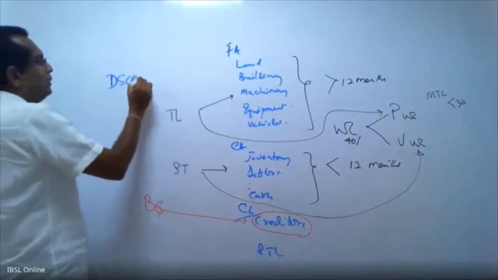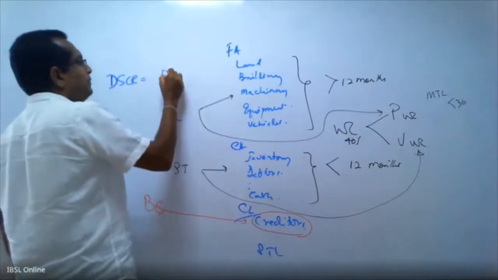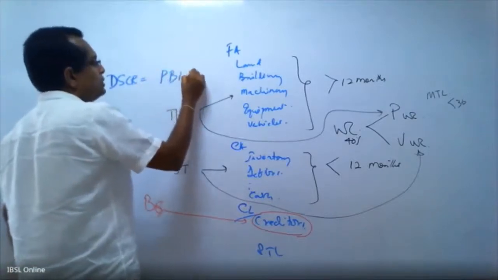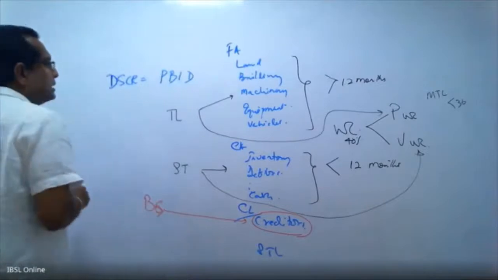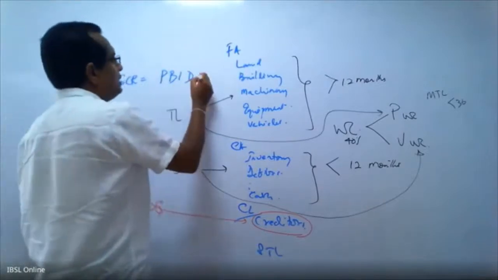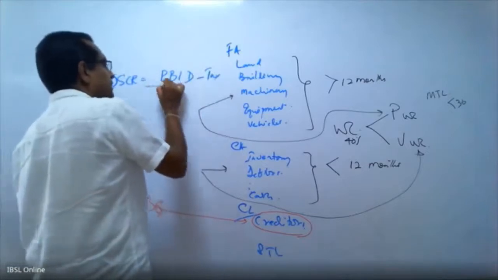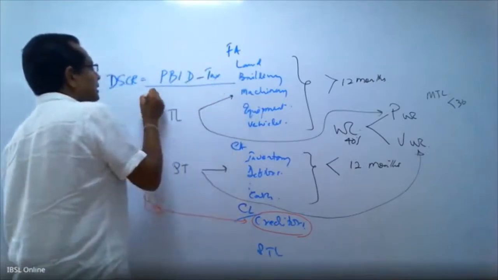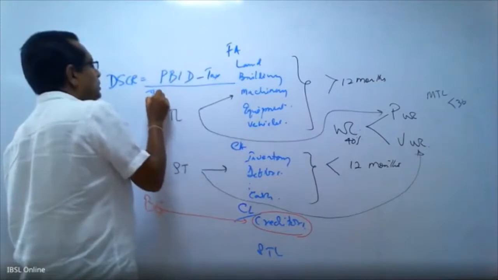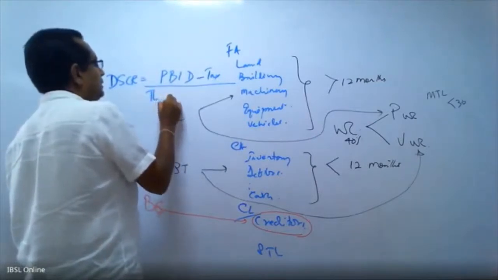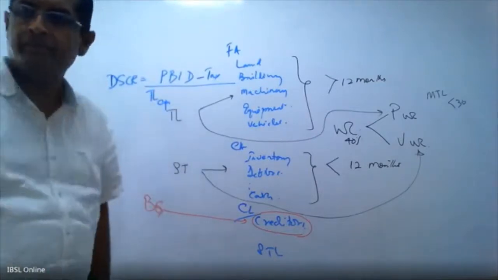DSCR equals profit before interest and depreciation, not only financial commitment, plus depreciation minus tax, which is a statutory thing, divided by term loan capital.